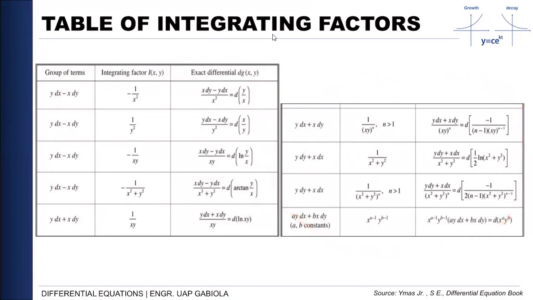So our job is to use this table as a guide on which integrating factor we will multiply to our given differential equation. We can select which integrating factor to multiply once we see this group of terms in our differential equation.